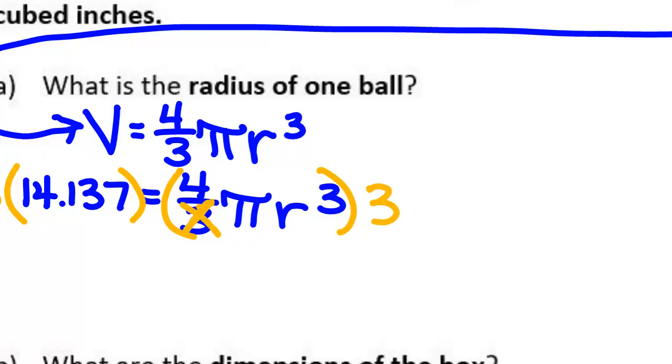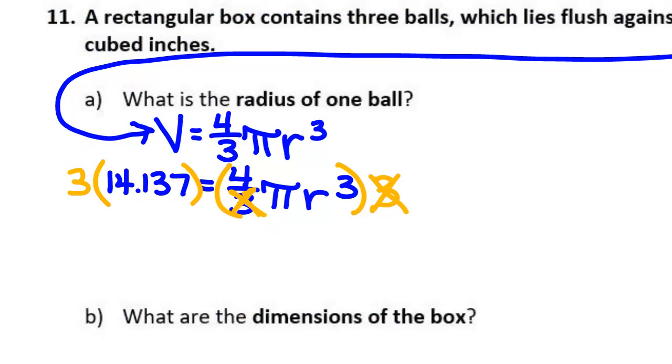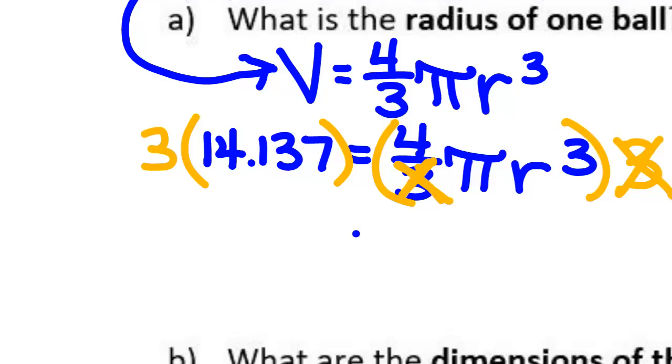If my denominator cancels out with this number out here, then that 3 on the outside doesn't affect anything else. I don't times that 3 by the 4 up on top. So the 3 on the outside and the 3 in the denominator cancel each other out.